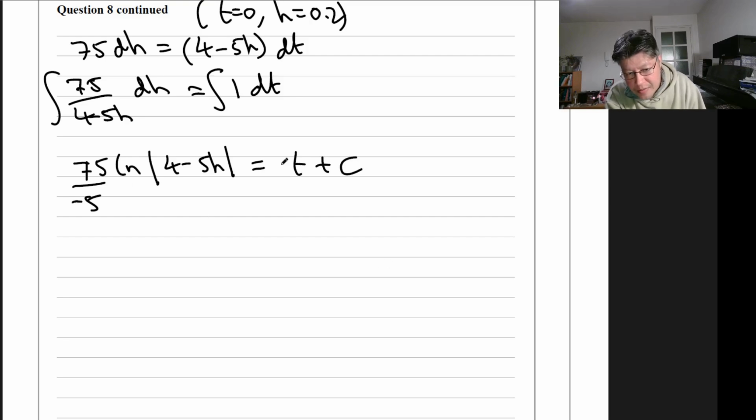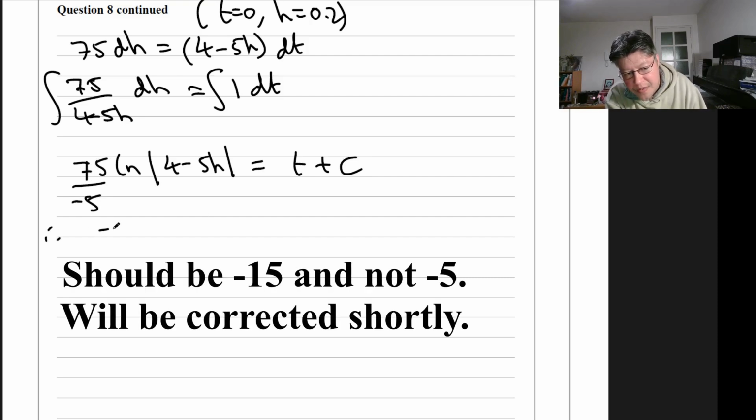And we'll just simplify this a bit. So this is a minus 5, so therefore we get minus 5 ln 4 minus 5h equals t plus c.